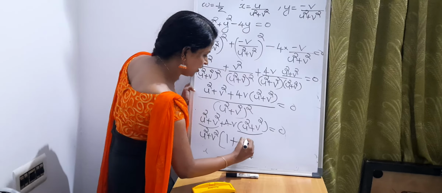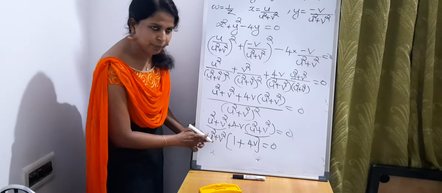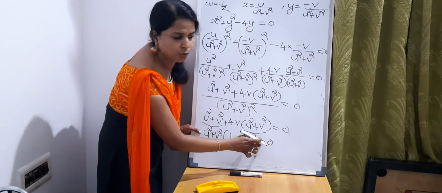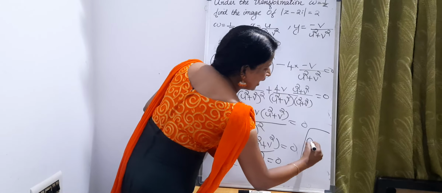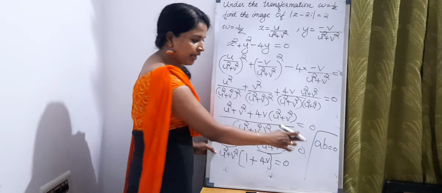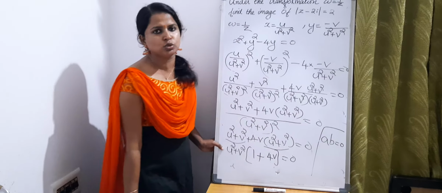So u square plus v square into (1 plus 4v) equal to 0. That is a into b equal to 0. What is a into b equal to 0? Either a equal to 0 or b equal to 0 or both are 0.